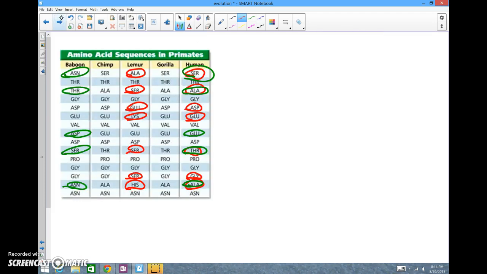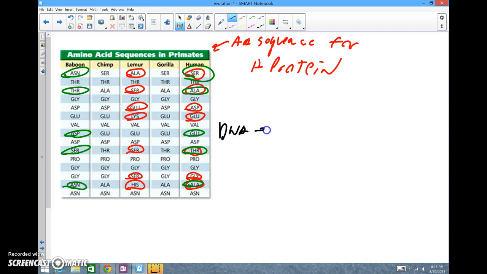So what I have here, it says amino acid sequence in primates. So this is the amino acid sequence for a protein. So hopefully you remember, because we've said it many a times, your DNA gives you your amino acid sequence.